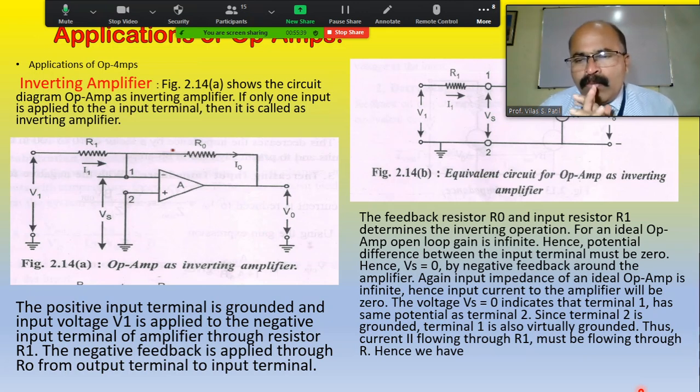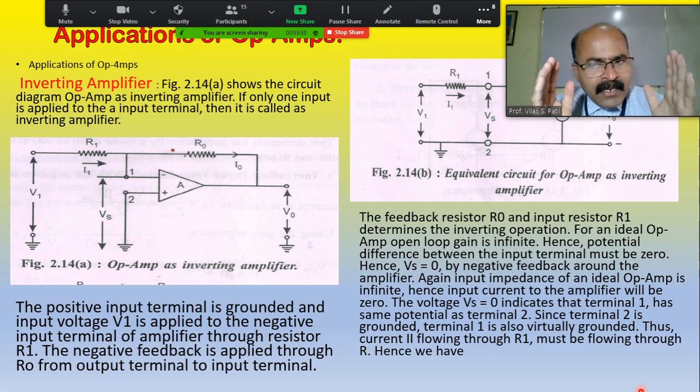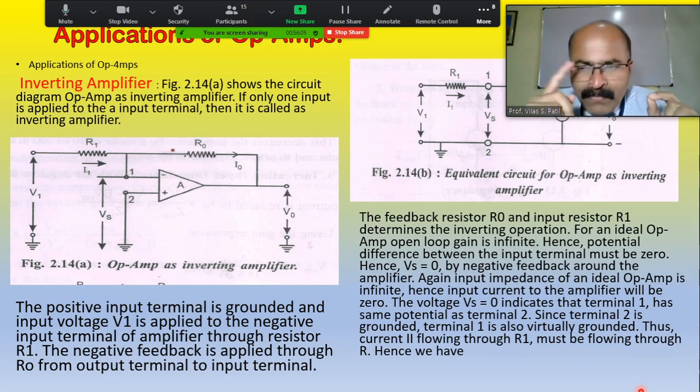Again, it will be used to perform logarithmic operations, exponential operations, and different trigonometric operations. It means that in computer operation, where mathematical operations are required, the operational amplifier was essentially used.